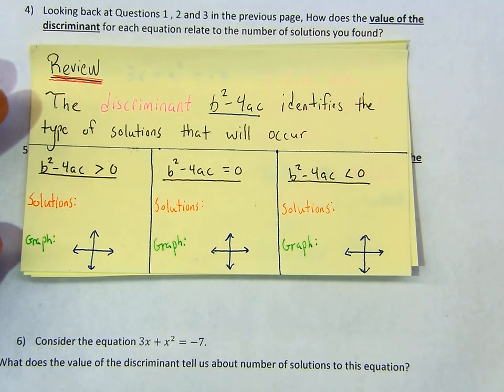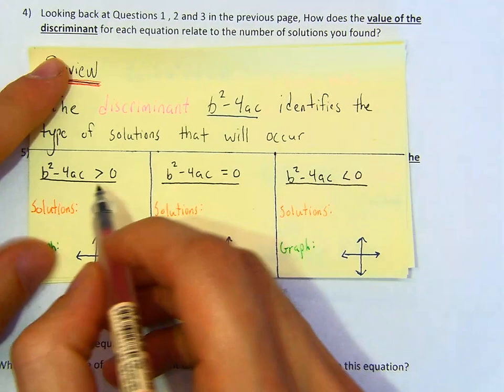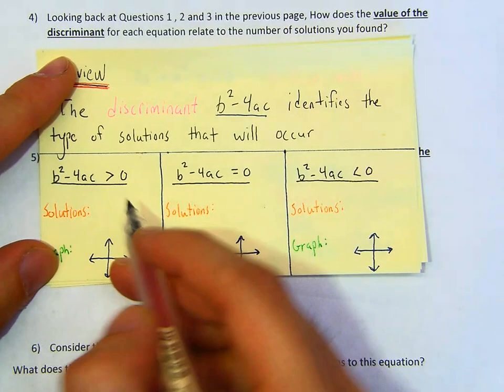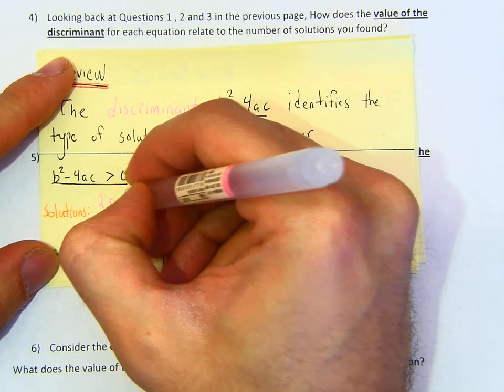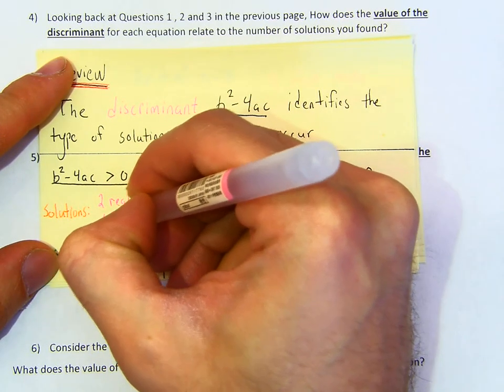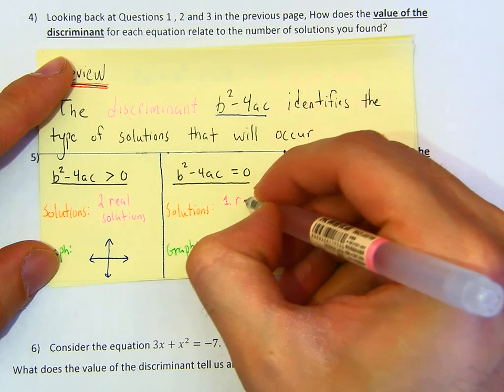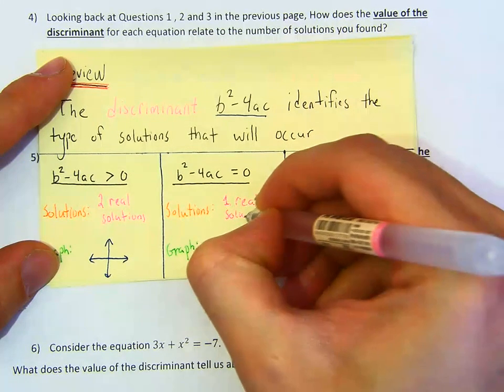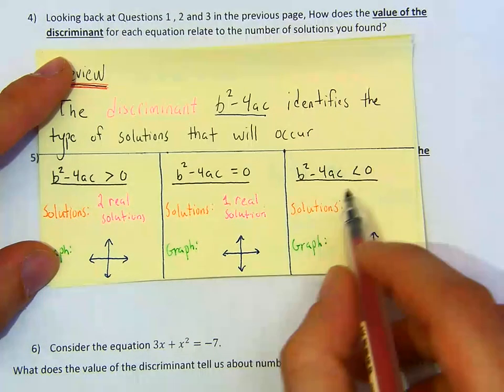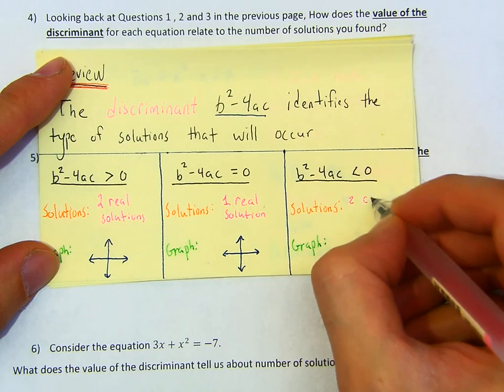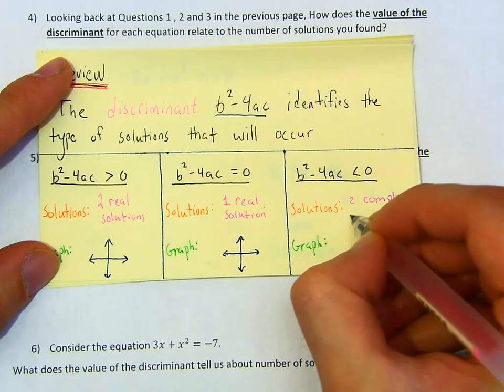If the discriminant b squared minus 4ac is greater than 0, there are two real solutions. If it's equal to 0, there's one real solution. And if it's less than 0, then there are two complex solutions.